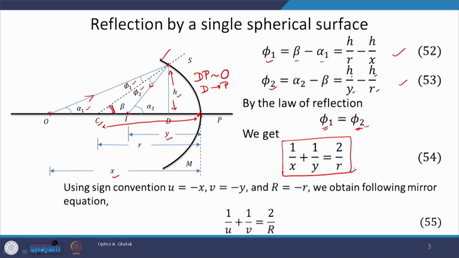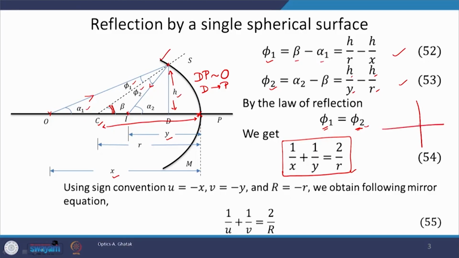Now, we will implement the sign conventions. What are our sign conventions? We studied them in our last class. Suppose we have the origin at point P, then all the distances to the left of P would be negative, and all the distances to the right of P would be positive.